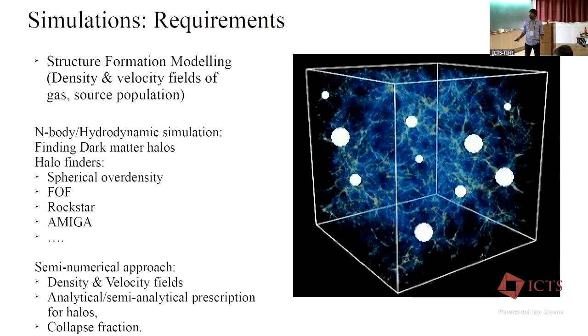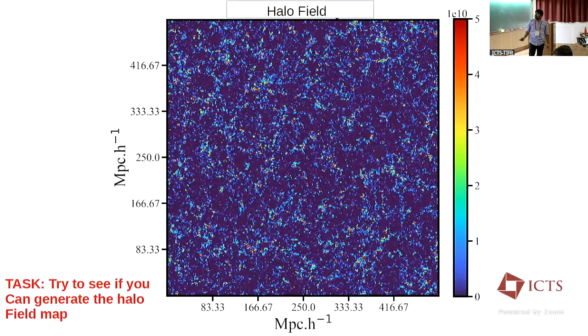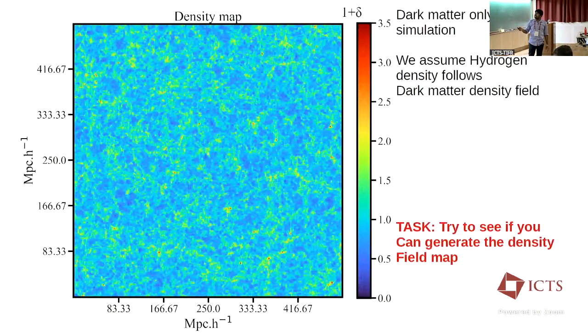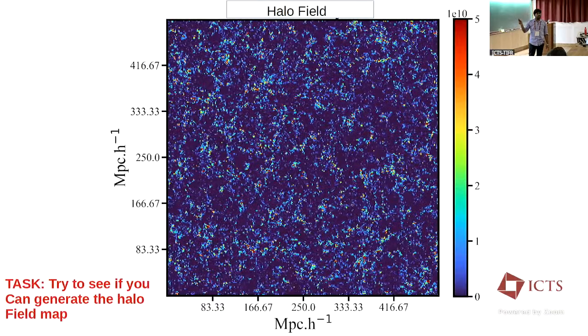Now we need to know what type of source formed. This figure is showing that given this density field, these are the locations where dark matter halos are. Not everywhere, but quite a significant number of dark matter halos are in that particular slice.